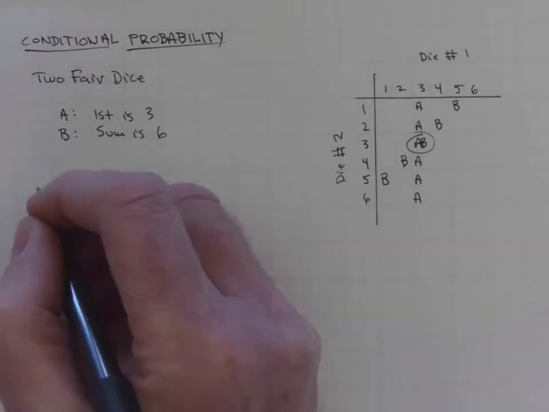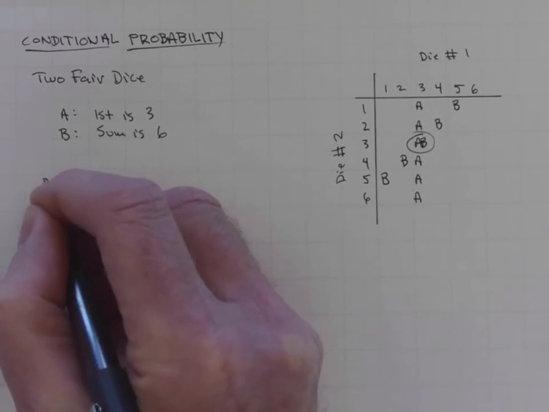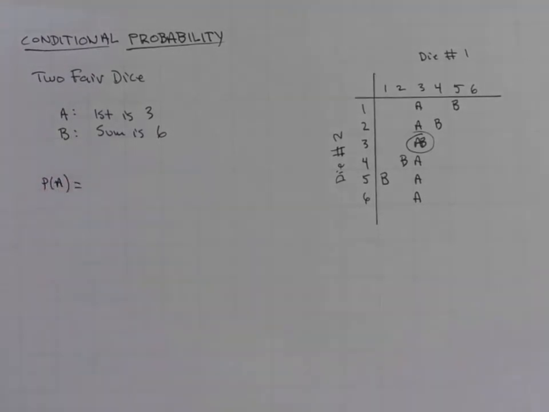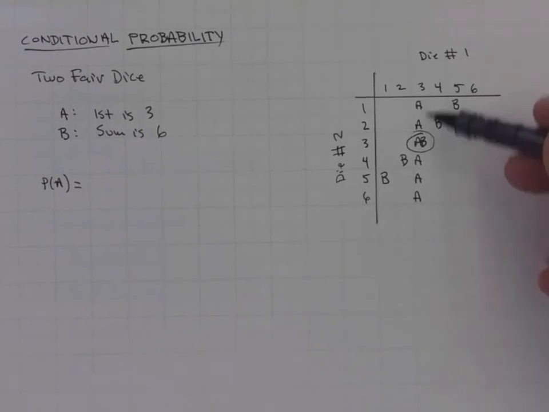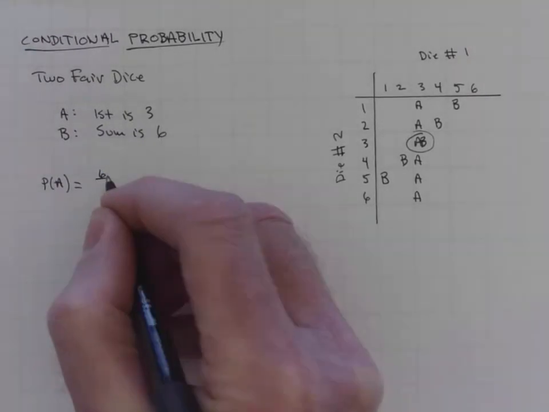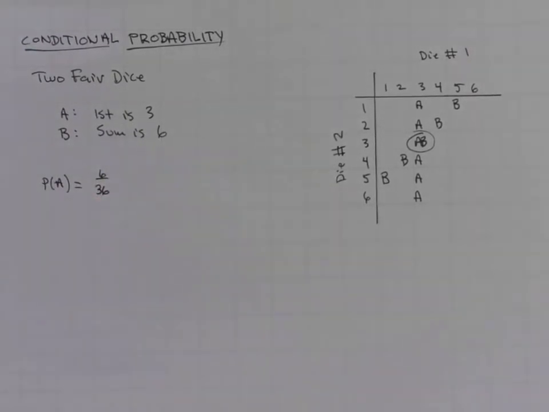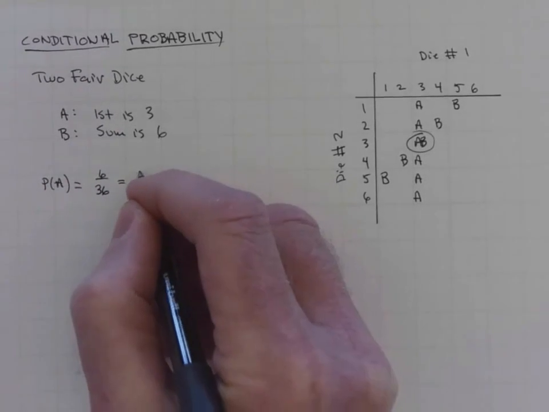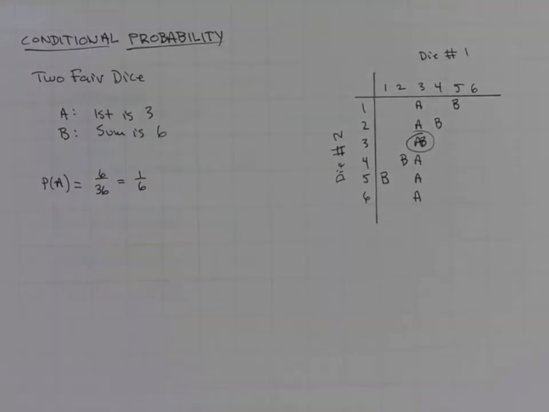And we're just going to ask ourselves a bunch of questions about the associated probabilities. And we're going to start off easy with the probability of event A. That is just going to be the number of outcomes that involve event A, which is 6, divided by the total number of outcomes in the sample space, which is 36, and of course that fraction reduces.